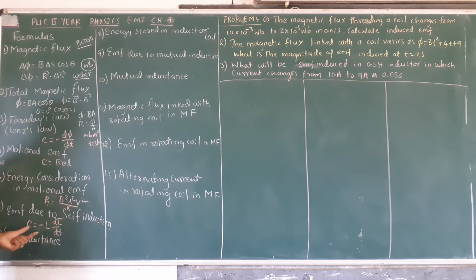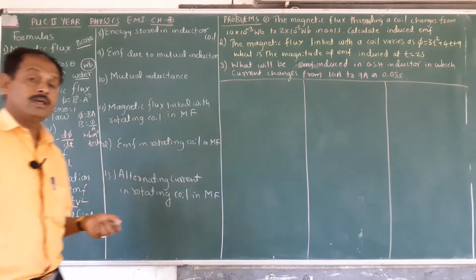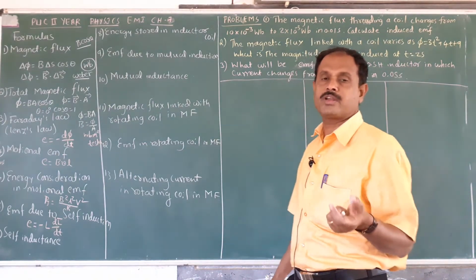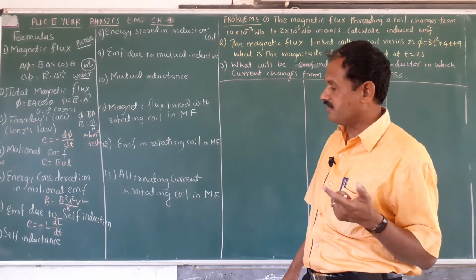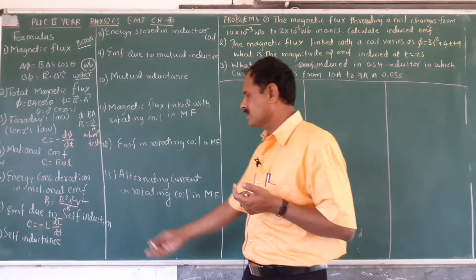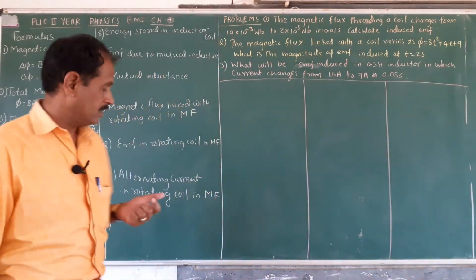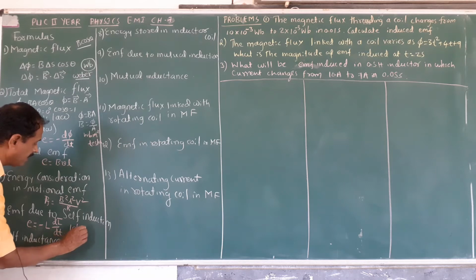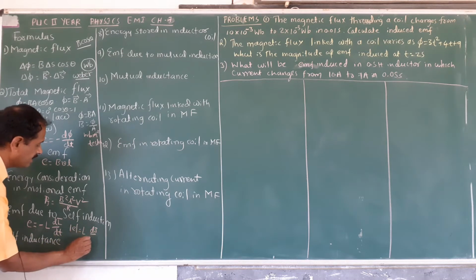Due to change in the current, whatever EMF is induced in the coil is said to be the self-induction phenomenon. With the help of this formula, you have to define L. If E is equal to L, then di by dt is 1 ampere per second.